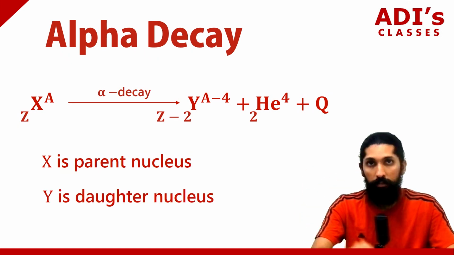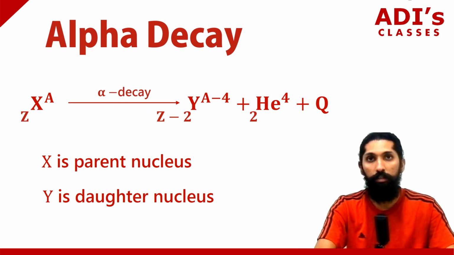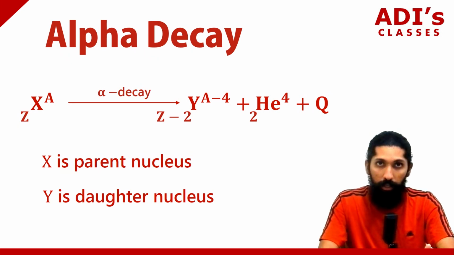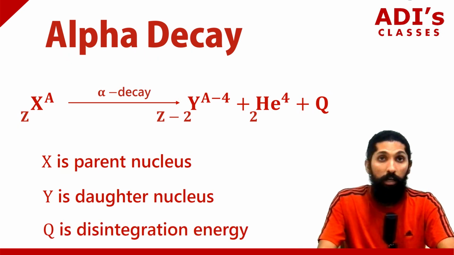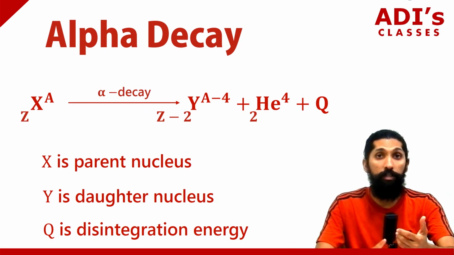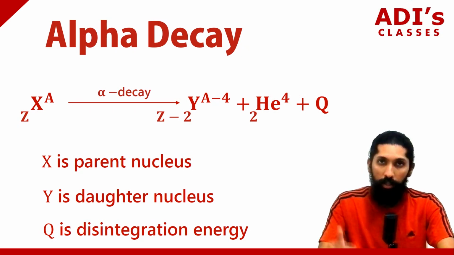So helium is ejected, and the reaction gives alpha particle plus energy. Y is the daughter nucleus, and Q is the energy that has been dissipated. It can come out as heat, kinetic energy, or other forms of energy. Generally, heat and kinetic energy are the 2 forms of energy.